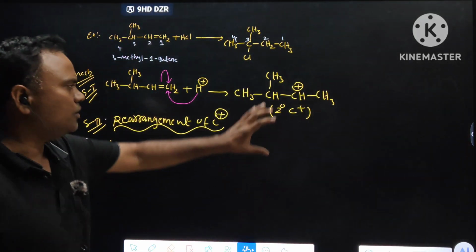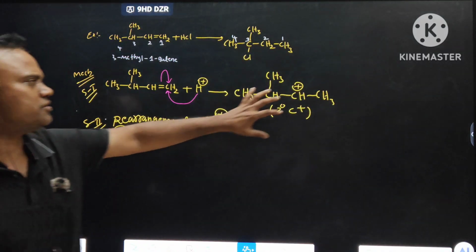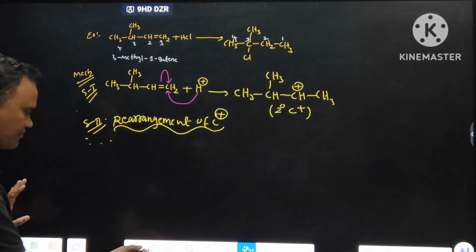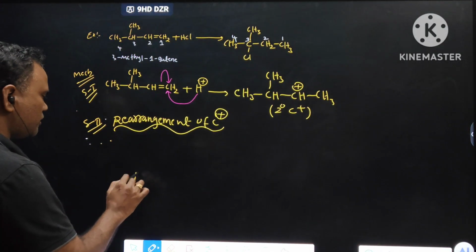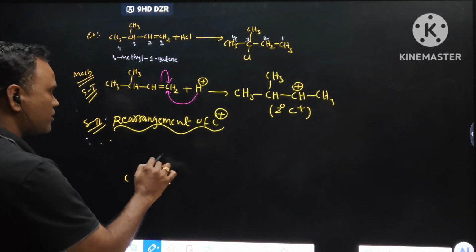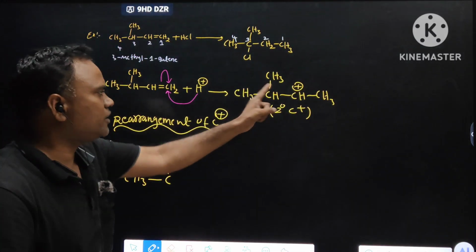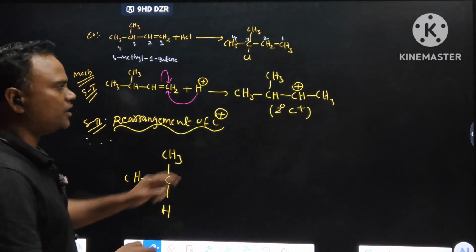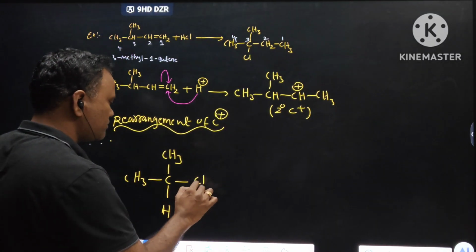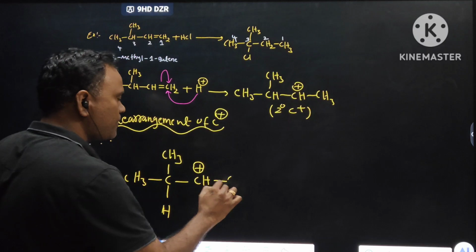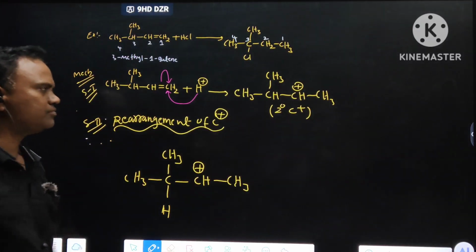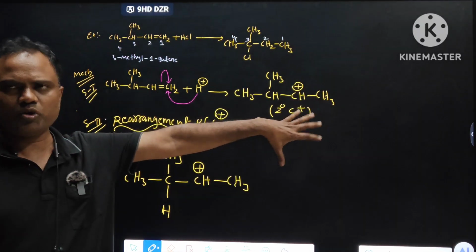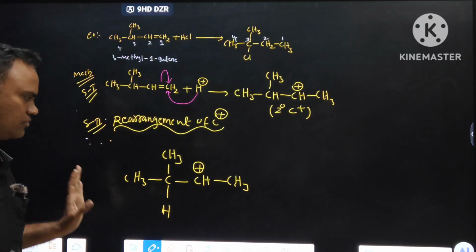I am taking this carbocation here. But see what I am doing. I am writing H down. Here one hydrogen is there. Write that hydrogen down, and CH plus and CH3. So we are taking the carbocation which is formed in the previous step.